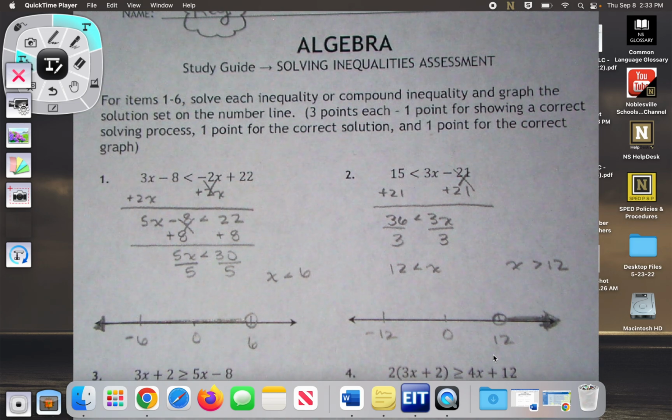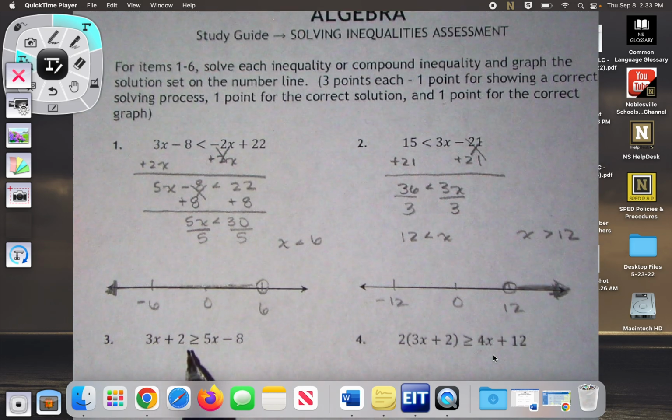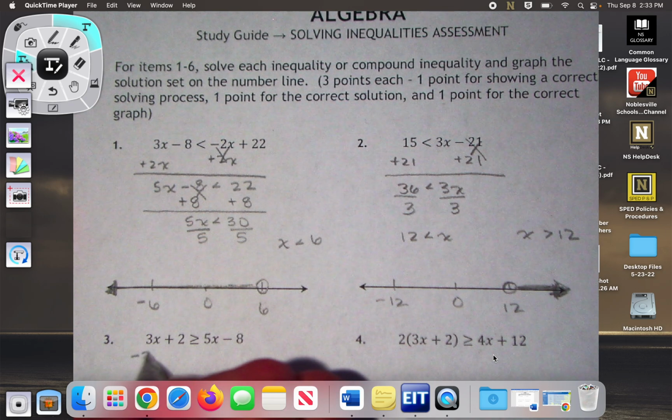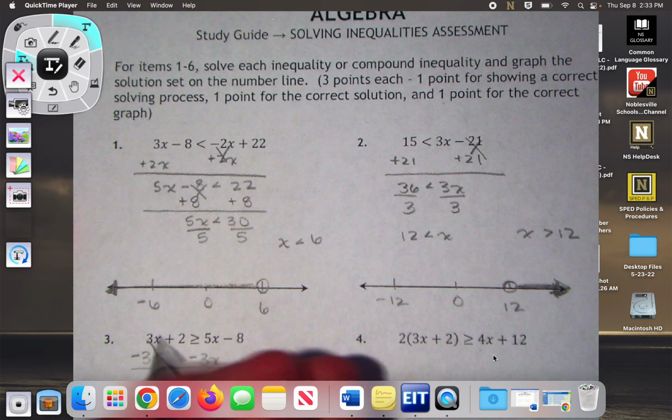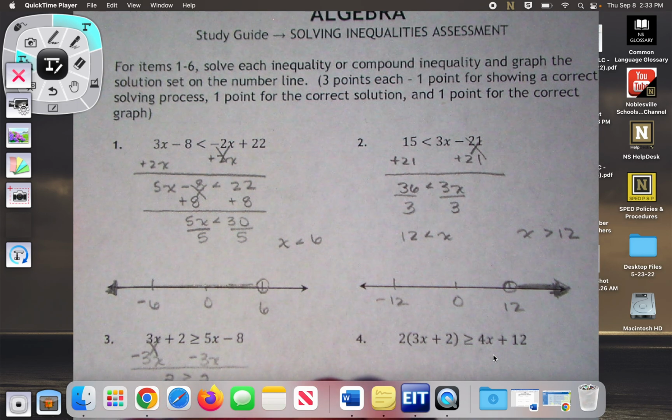How are we doing so far? Good? Okay. So far, I wouldn't be failing. That's good. All right, so then we're going to solve this one. I'm going to subtract 3x from the left. 2 is greater than or equal to 2x minus 8.